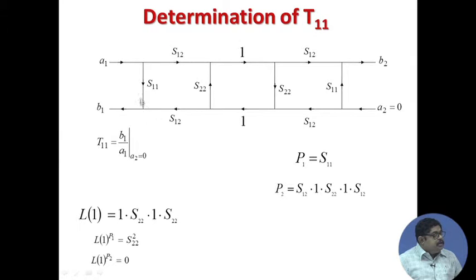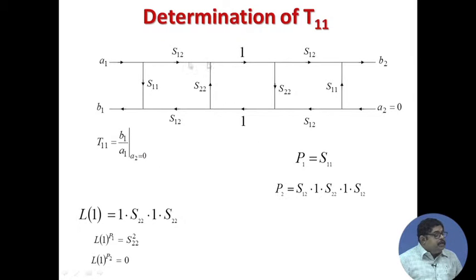One path is definitely this one, that we are calling P1, and the value of this path is S11. Another path is, you see this one, then I can come back. So, this is another path, that we are calling S12, S22, S12, all products.